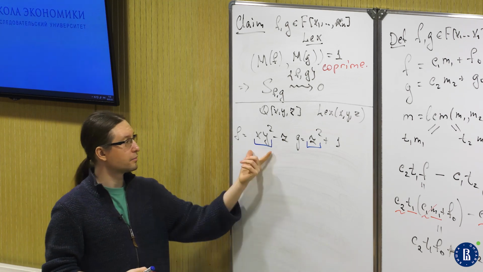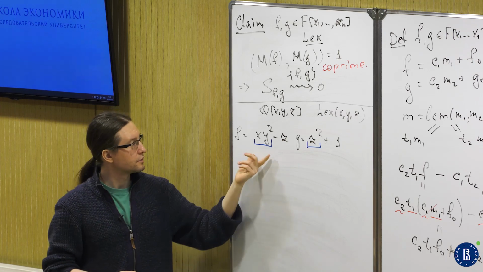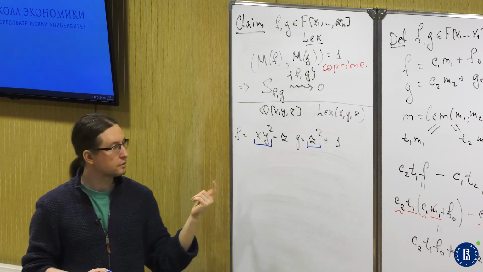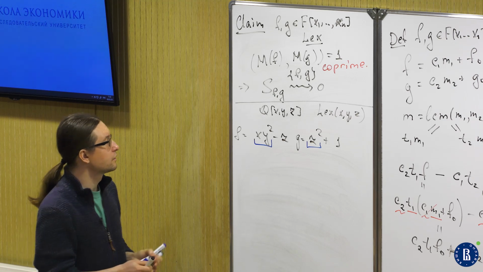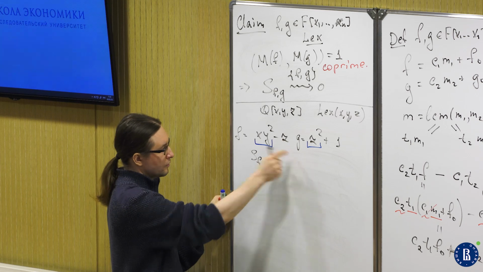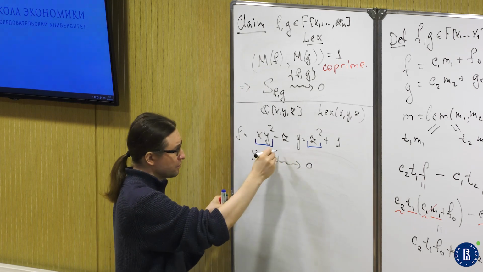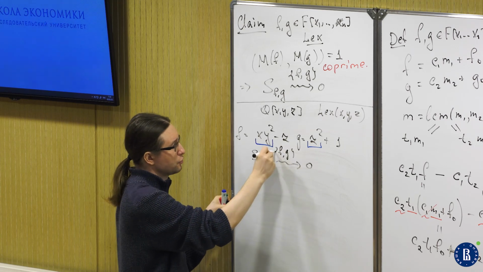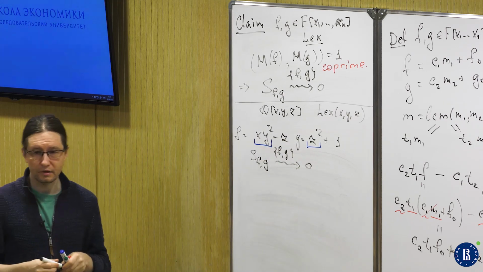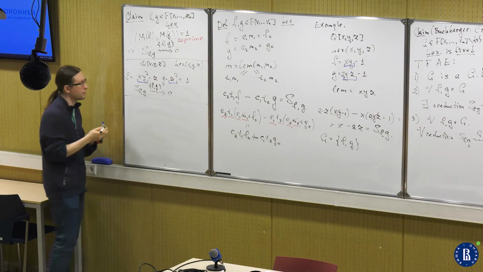So they are coprime. They do not have a common factor. The set of variables is completely different. So by this claim, the S polynomial of these two will be reduced to 0 automatically. You don't have to compute it, you just know this by the claim.